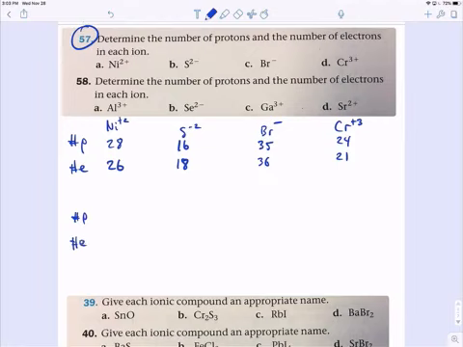I'm going to go around. I'll go ahead and give you the number of protons.